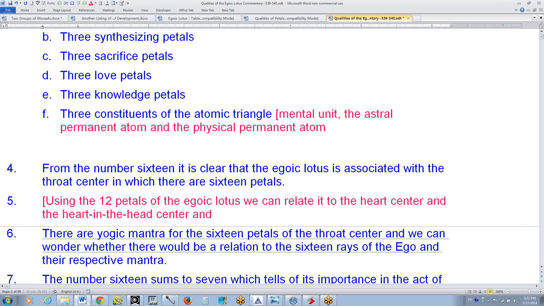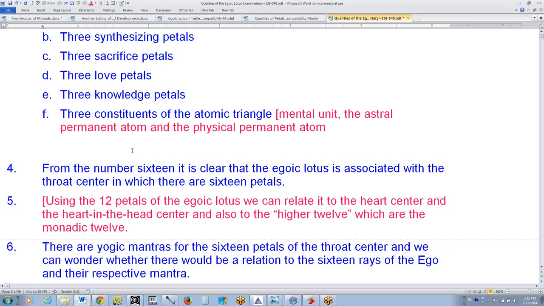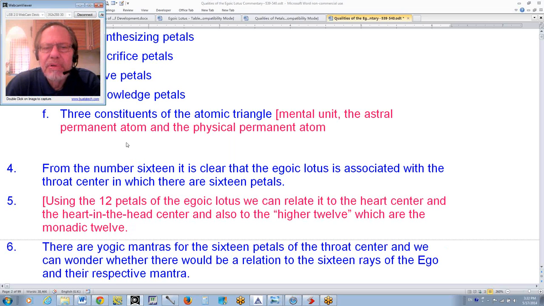And also to what's called the higher 12, which are the monadic 12. So there are yogic mantras. We've seen that in the way the Hindus display the different chakras with different Sanskrit letters in each one of the petals of the chakras.